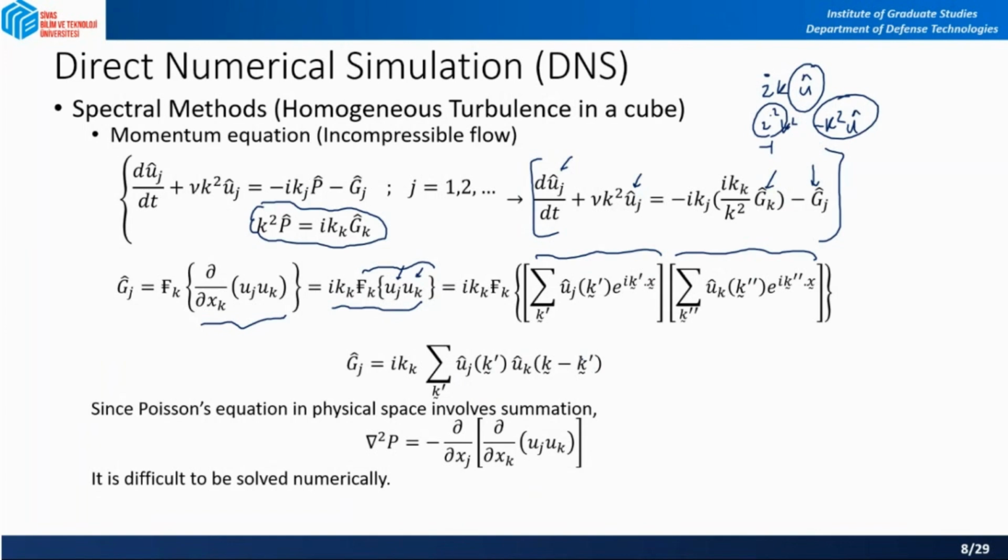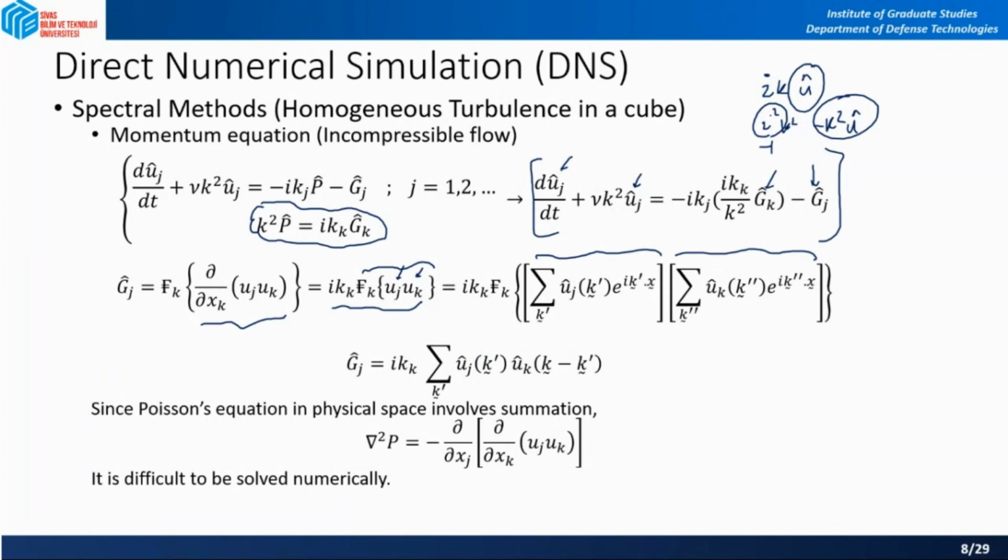So using the first equation that I had for the Poisson, I can replace g hat by a function of u hat, and the equation involves the summation that makes it very difficult to solve numerically.